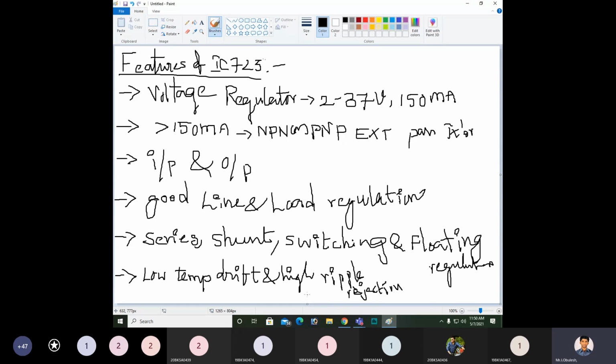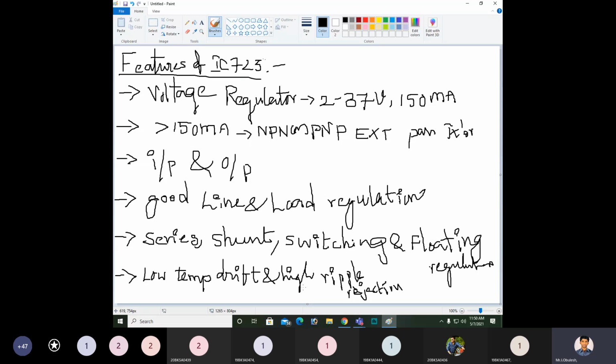Okay, now you need to remember the features of IC723. The first one is it works as a voltage regulator at output voltage ranging from 2 to 37 volts at currents up to 150 milliamps. The second point is it can be used at load currents greater than 150 milliamps with the use of suitable NPN or PNP external pass transistors.